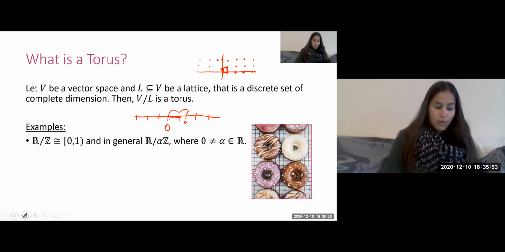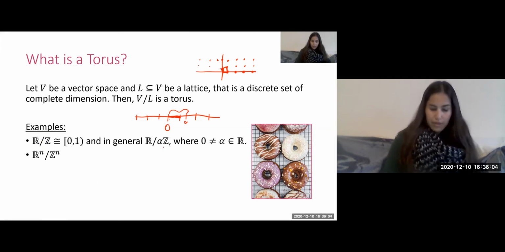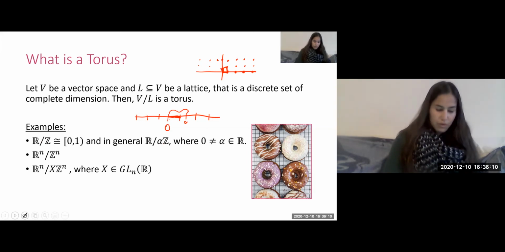We can ask, what's a multidimensional version of it? This would just be R^n mod Z^n, which would be the multidimensional version of R mod Z. And then we'd also want a multidimensional version of R mod alpha Z, where we don't take alpha to be 1. For this, we would do R^n mod X times Z^n, where X is a matrix with non-zero determinant.